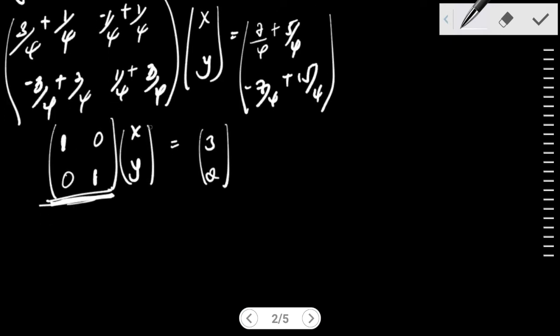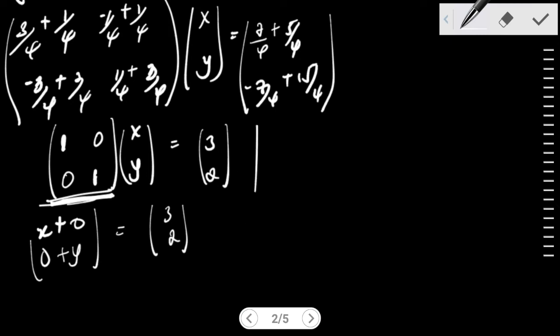Now multiply this with this. This is going to be 1 times x, which would be x, plus 0 times y, which would be 0. And therefore, 0 times x, which would be 0, then 1 times y, which is y. And therefore, this would be equals to 3, 2.